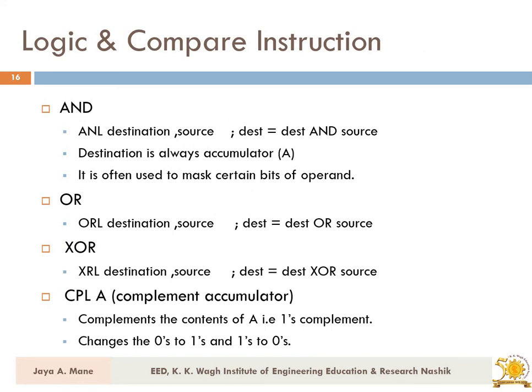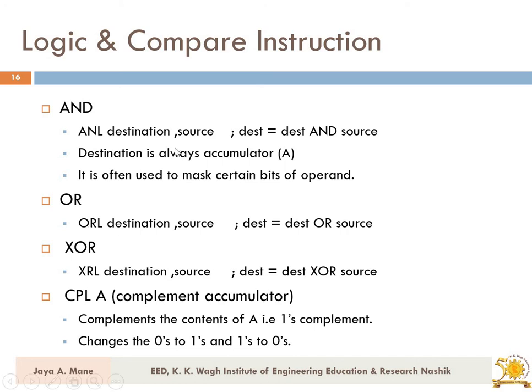Then there are logic and compare instructions. As soon as you say logic, you know it: the logics are AND, OR, XOR. So you can perform these logics, and for that you have the instructions. When you say AND, the mnemonic used is ANL. It stands for AND logic: AN stands for AND and L stands for logic.